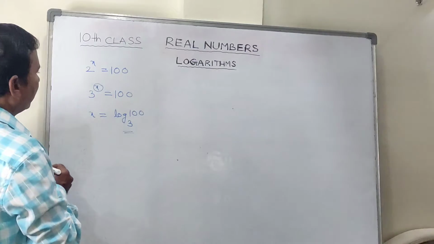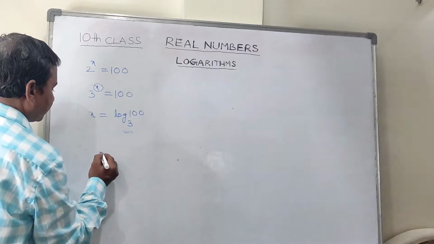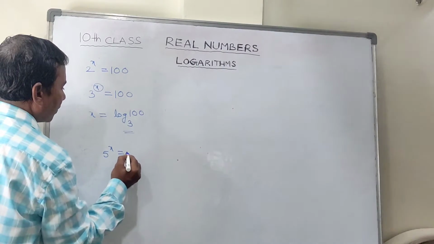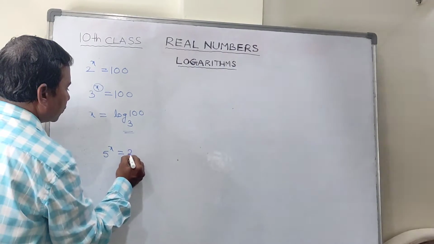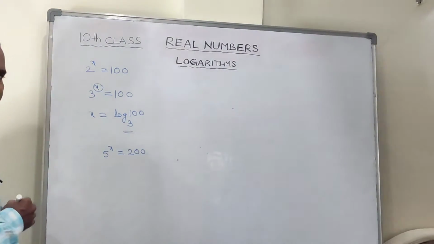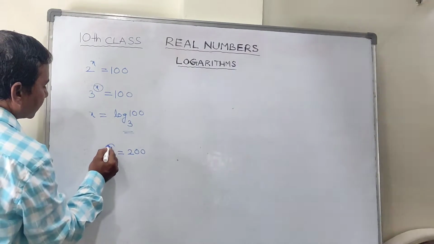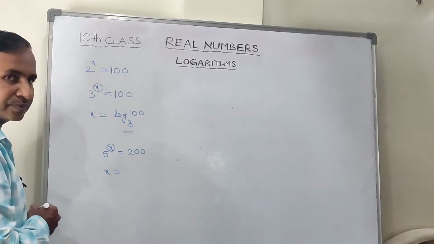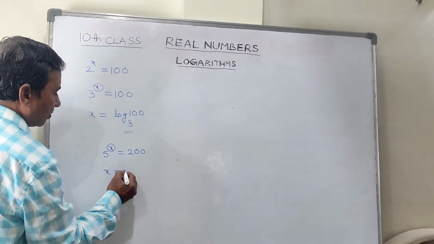Clear? Now, let us take another example. I am taking 5 to the power of x is equal to 200. We want to find the x value. Let us take the help of logarithm.